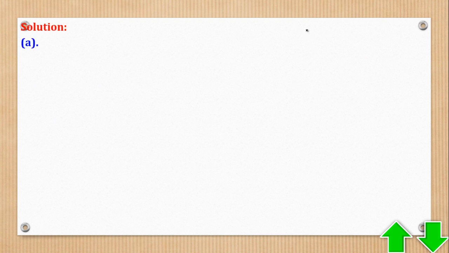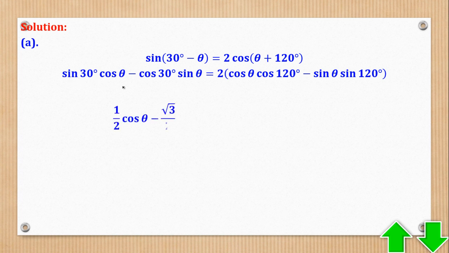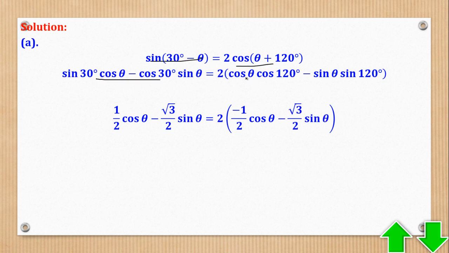So the first thing to do is to remember the compound angle identity. So I have to expand. After expanding, I can. So this is this, expand this to get this, expand this to get that. Then you can now substitute sin 30 is a half, cos 30 is root 3 over 2.